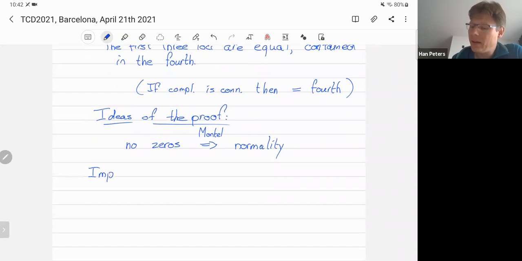Let me try to explain one key idea, which is implementation.